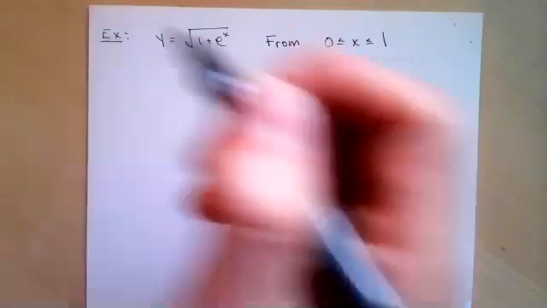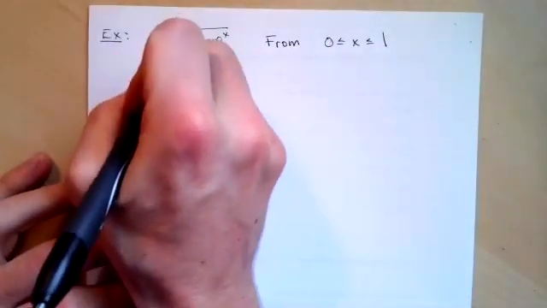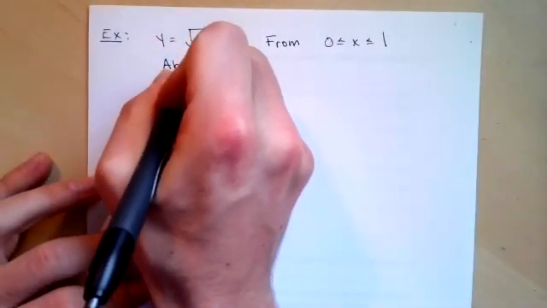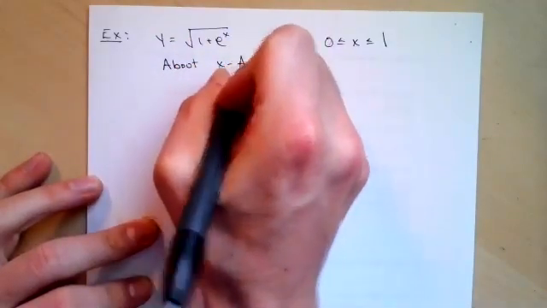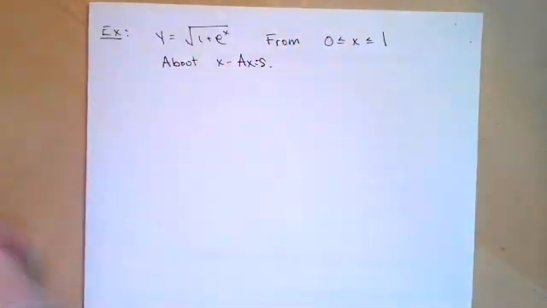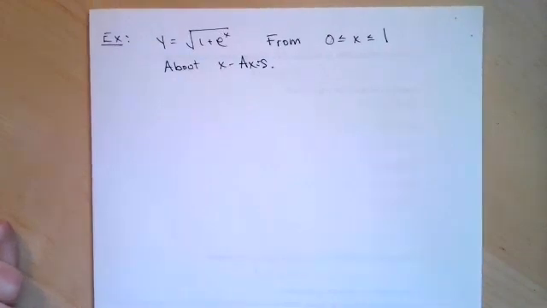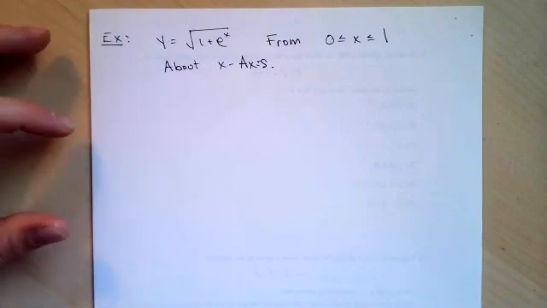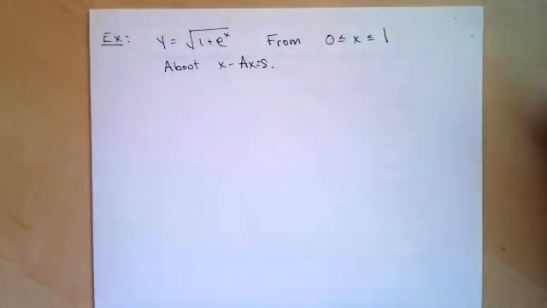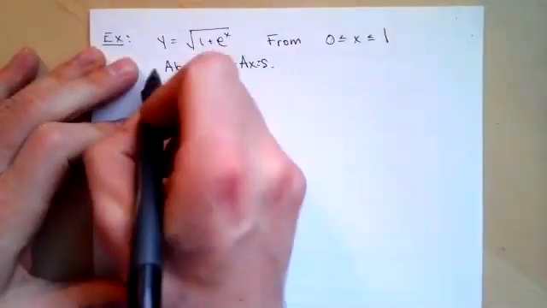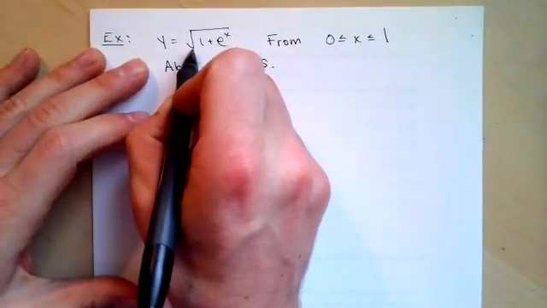About the x-axis. So graphing these again might take a little bit of work, as long as you can get the general idea of the graph for these ones. You should be all right.